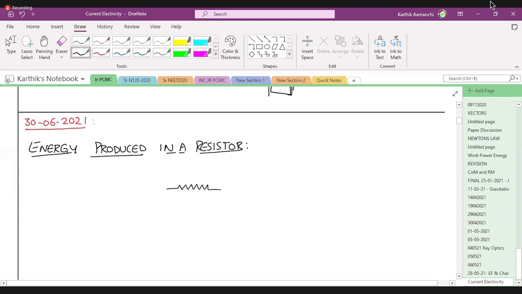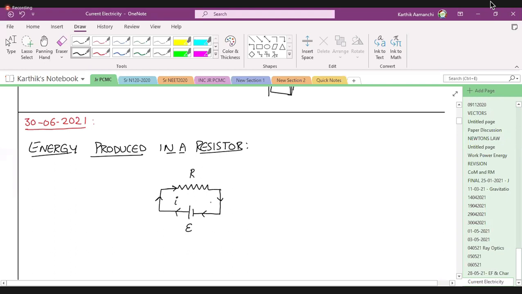I'm going to put an external resistor. And this is your EMF. And this is your R. So the current comes out of your positive terminal, will go in this direction, will enter into your resistor, and again will come out. Right? This is how current goes, isn't it?